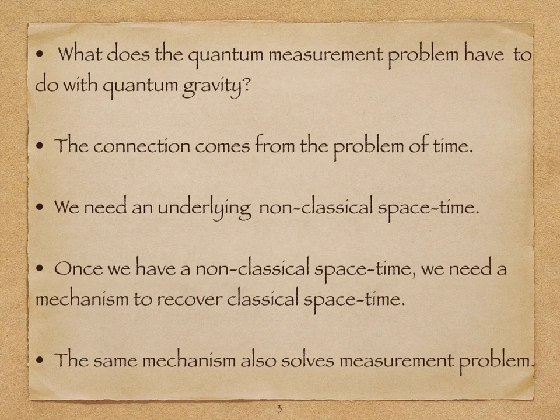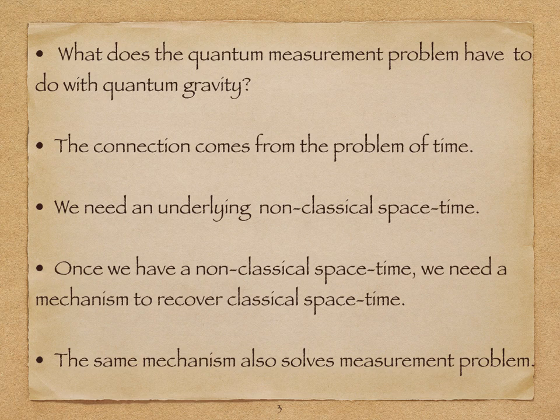What does the quantum measurement problem have to do with quantum gravity? After all, we are discussing quantum gravity, not particularly discussing quantum measurement except in the context of quantum gravity. So why do we do that? The connection comes from the problem of time in quantum theory, which we discussed a while ago.